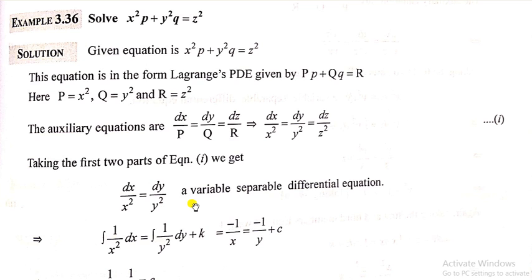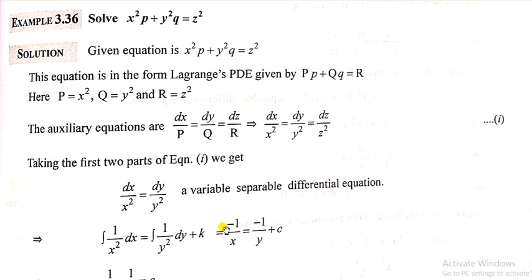If the given differential equation is in variable separable form, then we integrate. So integration of 1 by x square is minus 1 by x, and integration of 1 by y square is minus 1 by y plus arbitrary constant c.